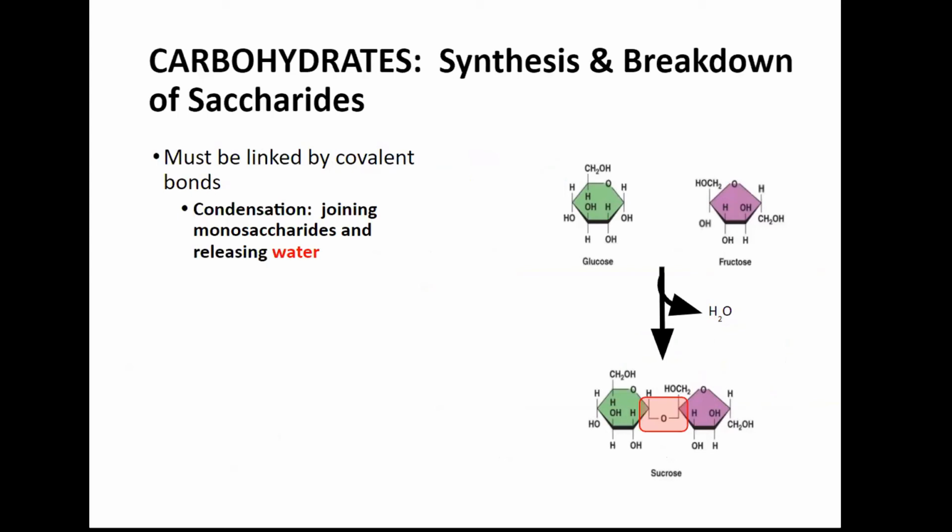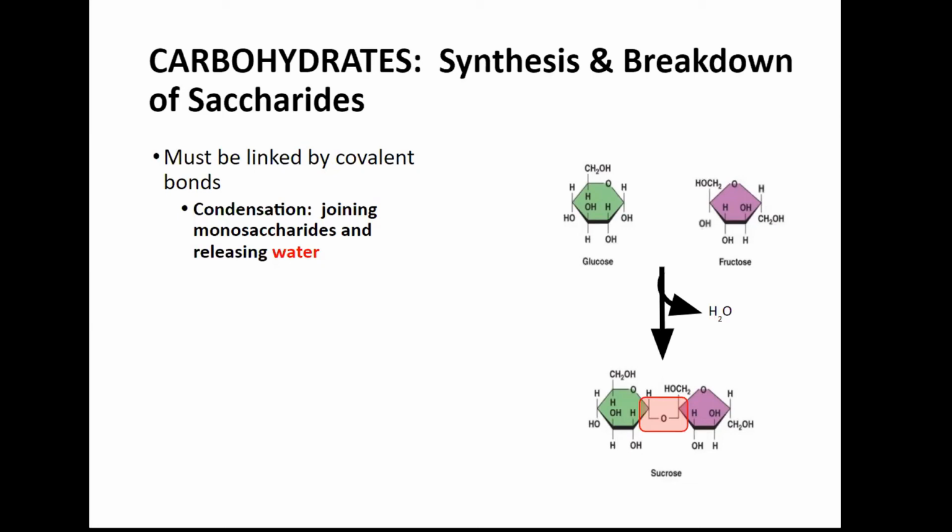So the way we make a larger carbohydrate is by something called a condensation reaction. So when your body stores carbohydrates, when it stores sugars, it doesn't store them all as just tons of glucose in your blood. We talked about just now that glucose is a regulated variable, blood glucose.